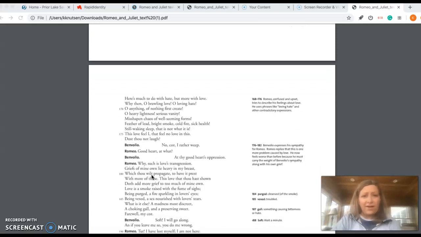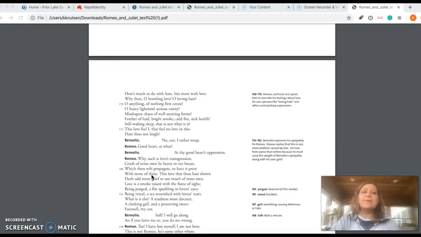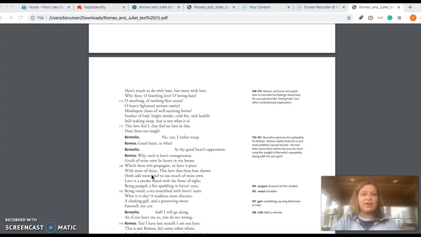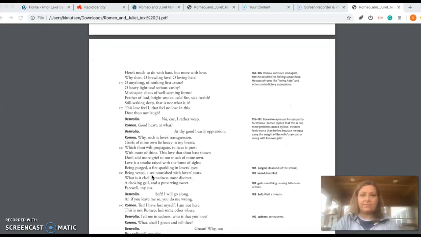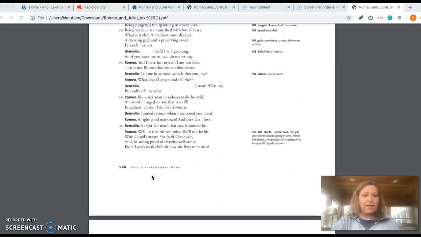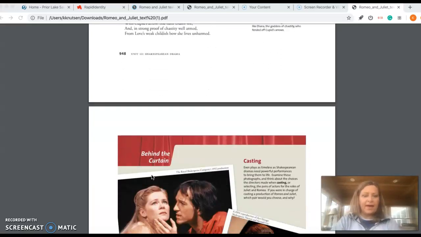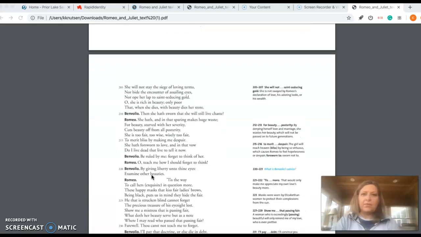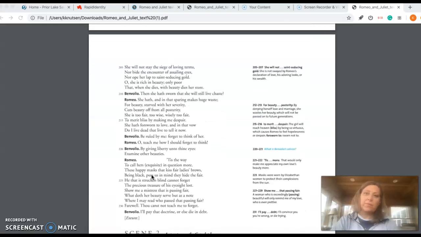Basically, he's been friend zoned. He is in love with a girl. We find out later her name is Rosalind, and Rosalind does not love Romeo back. So he had a crush on her, and she broke his heart and friend zoned him. Anyway, you're going to read all about that, and all about how Benvolio is trying to cheer Romeo up.